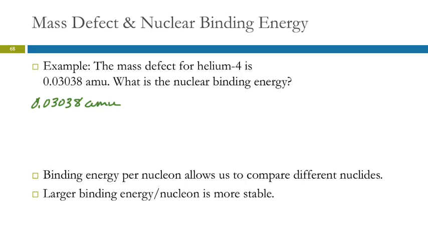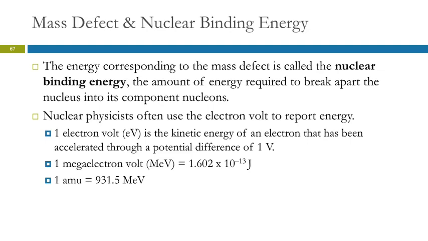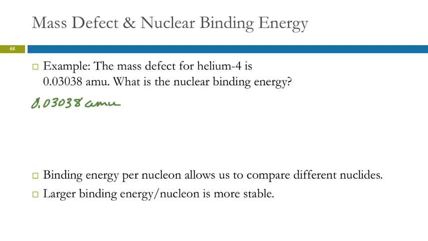The short way is just to use this conversion factor, 1 atomic mass unit is equal to 931.5 mega electron volts. So we can just convert units here. 931.5 mega electron volts per 1 atomic mass unit.